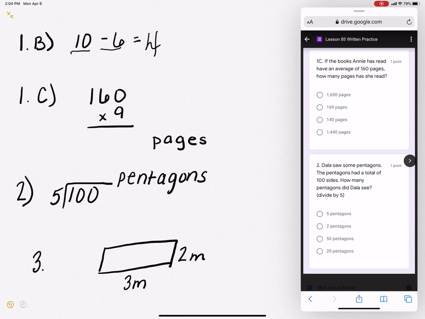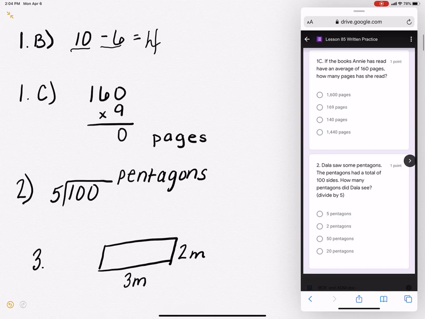And 9 times 0 is 0. 6 times 9 is 54, carry 5. 9 times 1 is 9, plus 5 is 14. So she has read 1,440 pages.